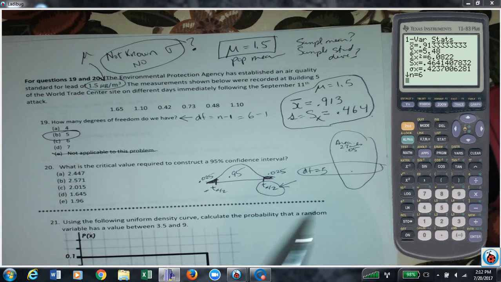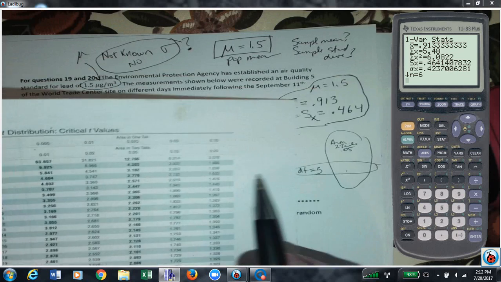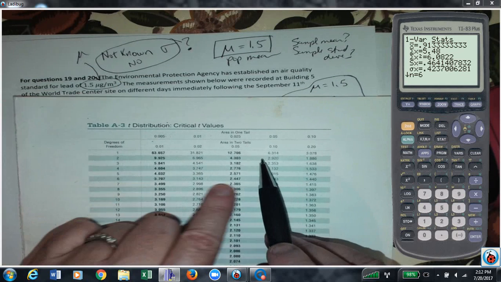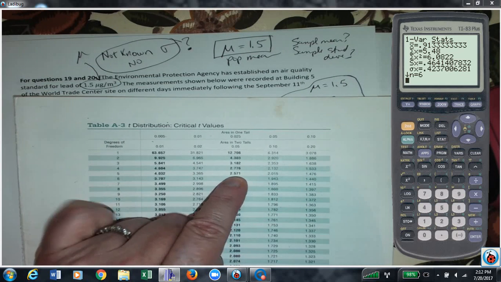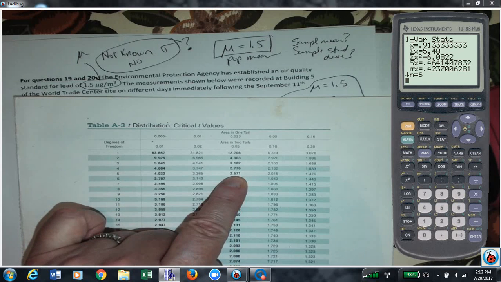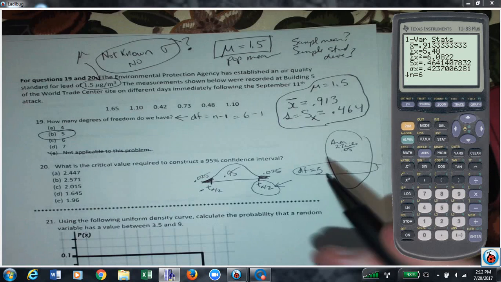So we have t values here. I do not use z charts. I use the t chart. So degrees of freedom is 5, and area in 2 tails is 0.05. So they will meet at 2.571.